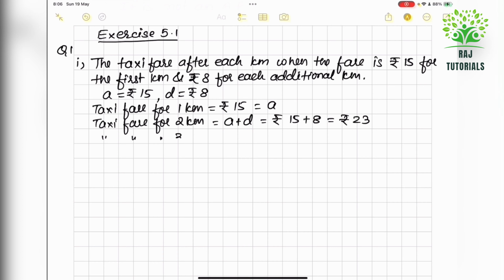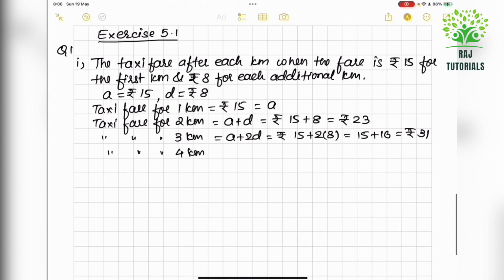Taxi fare for 3 kilometers will be A plus 2D. So A is rupees 15 plus 2 into 8. So that is 15 plus 16, so that is rupees 31. Then taxi fare for 4 kilometers. See, for the third kilometer I did A plus 2D.